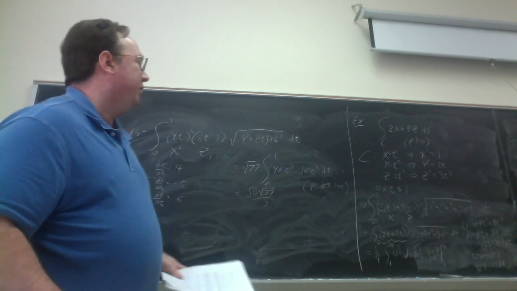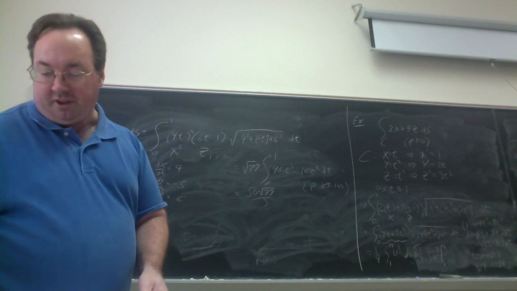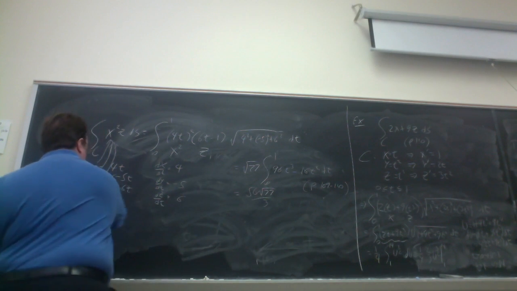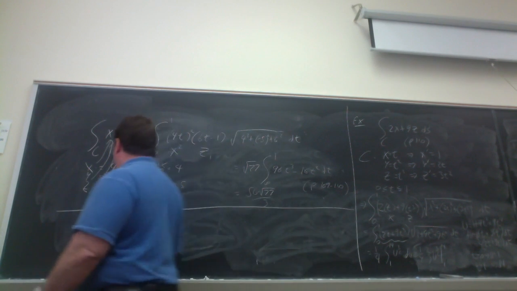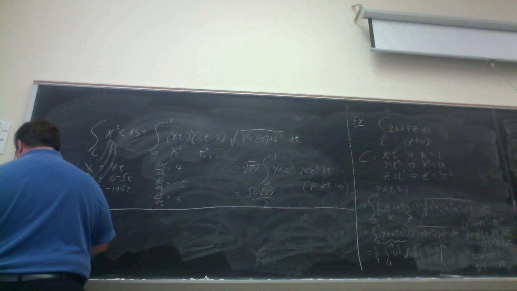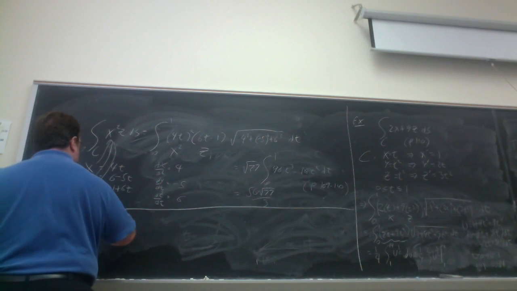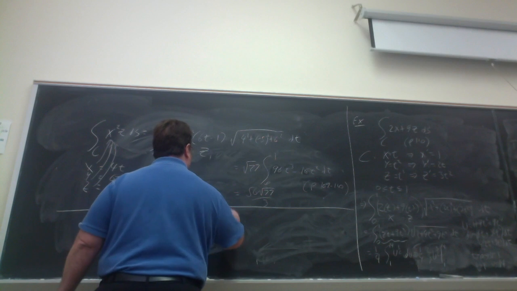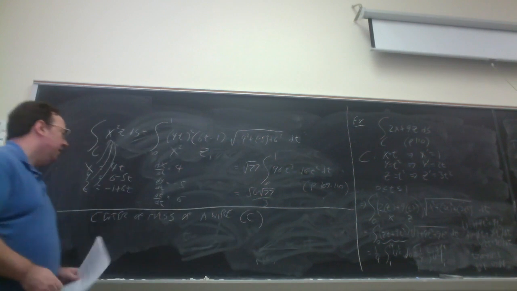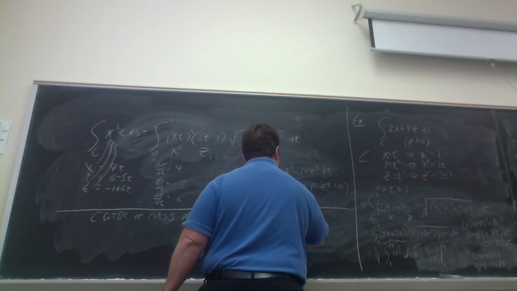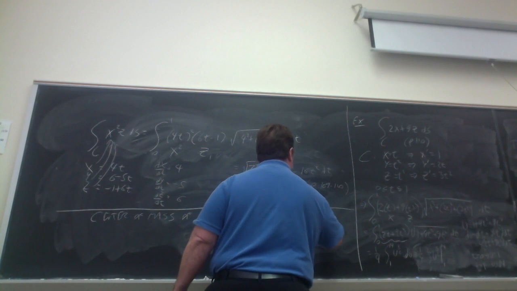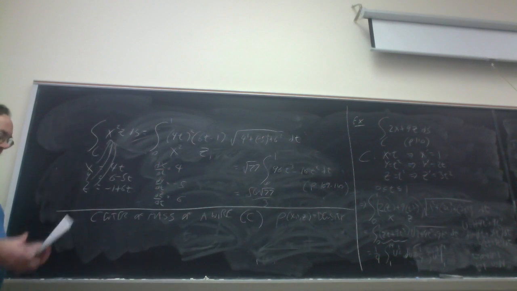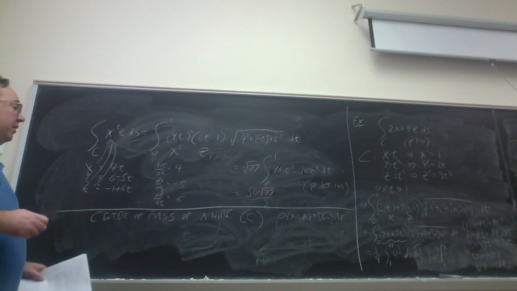I should mention how this can be used for work. I'll give one other application: the center of mass of a wire, where the wire is your curve C. As before with mass, I'll let rho of x, y, z refer to the density at any particular point along the curve.